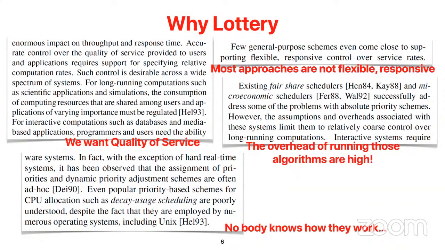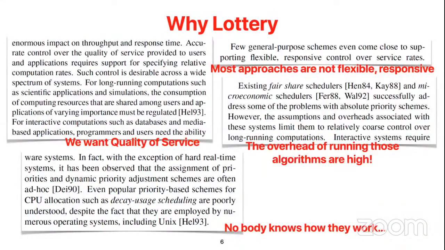However, it's almost impossible to guarantee everything. So that's why we have a lottery paper like this, because one of the reasons they want to rethink scheduling using lottery is that most of the approaches are not flexible or responsive, or the overhead of running a perfect algorithm is way too high.